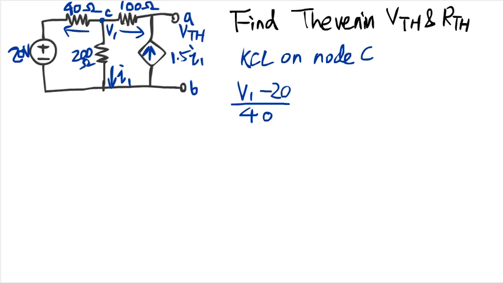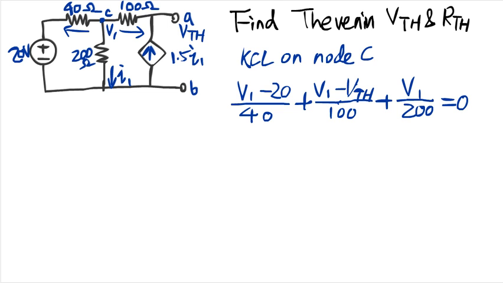And the current running out of the 100 ohm resistor is V1 minus VTH divided by 100. And the current running in the branch of the 200 ohm resistor, of course, is I1. We can either write it as I1 or write it as V1 divided by 200. That has to add up to 0.